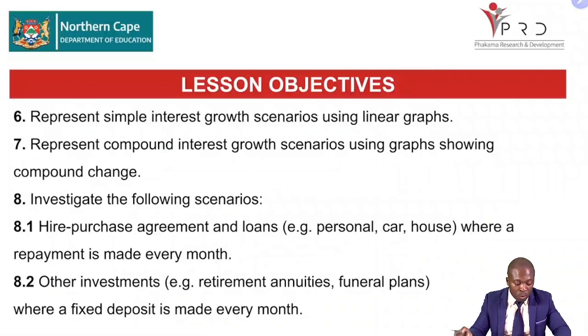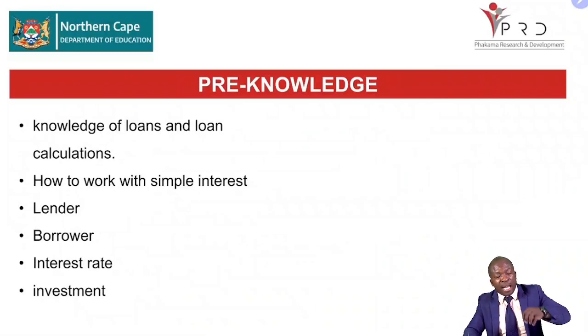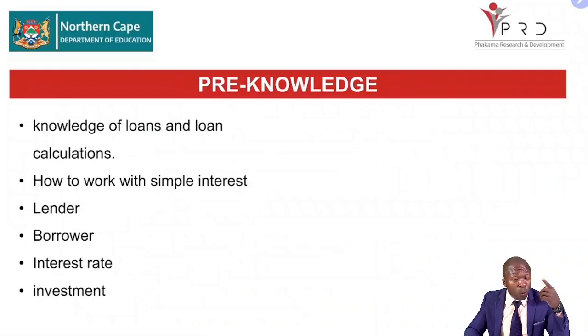You have to be able to also investigate the following. Hire purchase, what is it? I hope by now you know. If you don't know, it's fine. I'm sure we are going to go through it together and you will be fine there. You have to also look at other investments. So some of the things by now you have to know with regards to this lesson is that you have to have an idea of loans and how to calculate loan values.